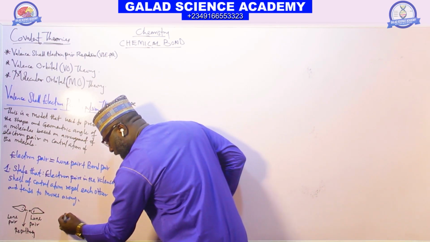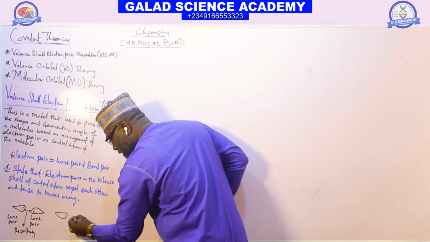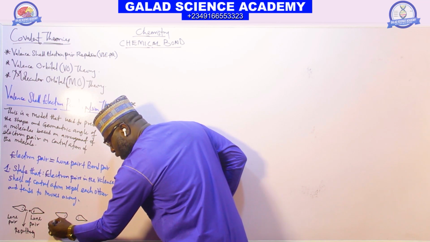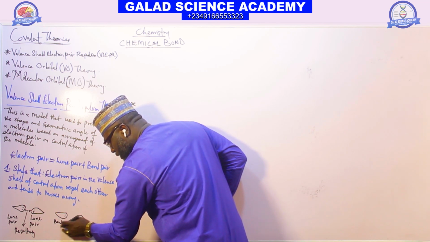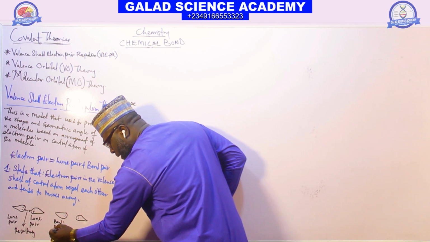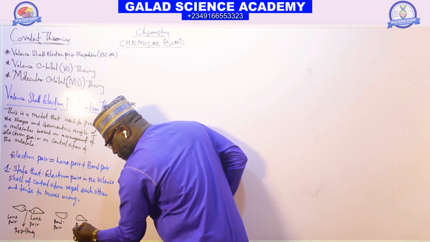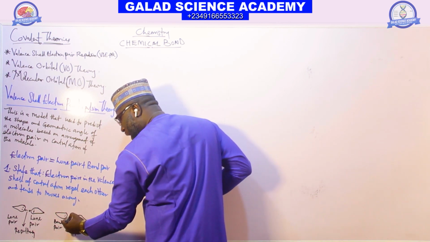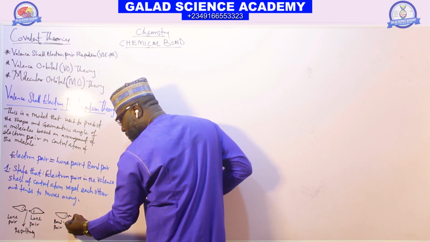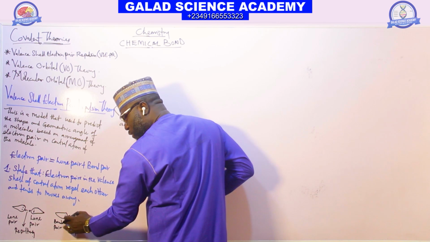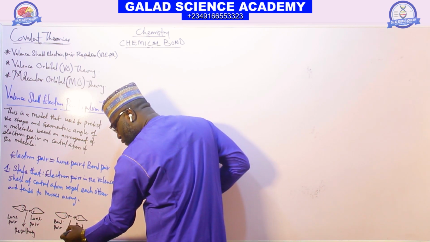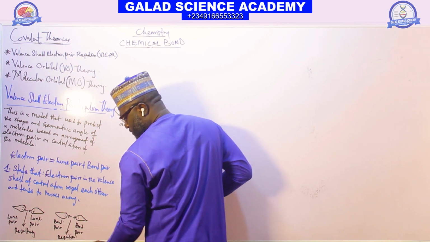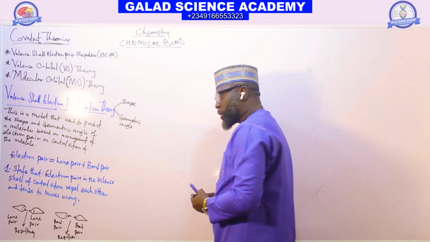Or if you have an electron like this and another electron like this, and this one is a bond pair and this is also a bond pair, they will repel each other and move away from each other. Between them, the force we have is repulsion force.